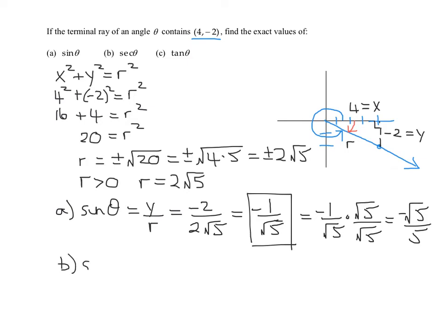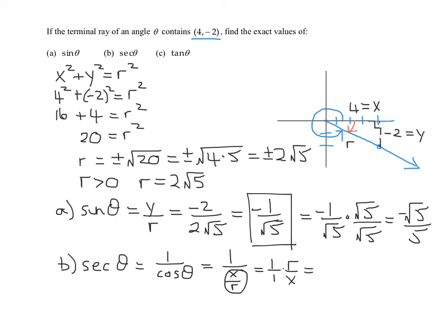B is the secant of theta. Remember, that's 1 over the cosine of theta, which is 1 over x over r. So when you divide by a fraction, you multiply by the reciprocal. The reciprocal of x over r is r over x. So you get 1 over 1 times r over x.